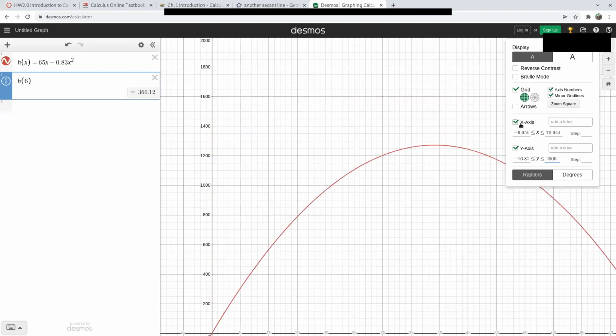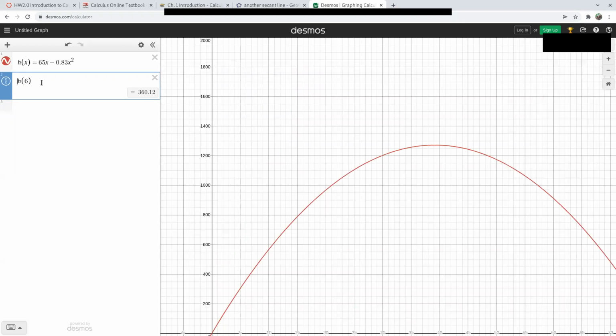There we go. And we are concerned about the point 6, comma h of 6. Right there. So we want to know about what is the slope at that point. This graph right here isn't the trajectory of the arrow.